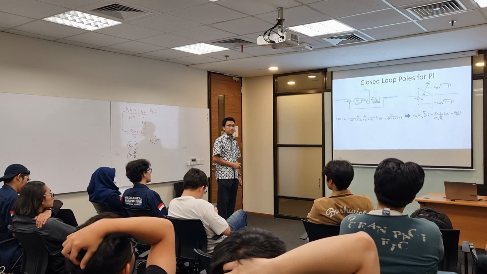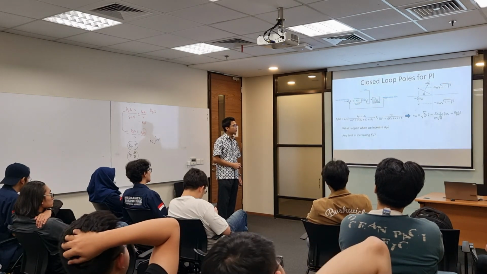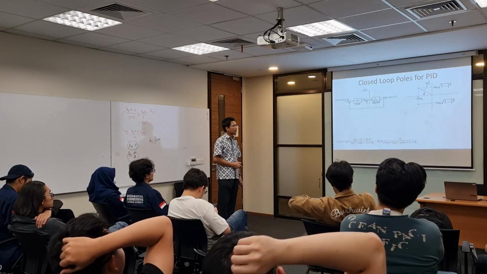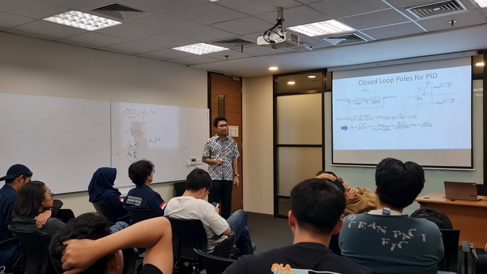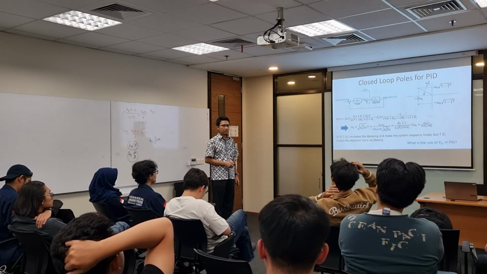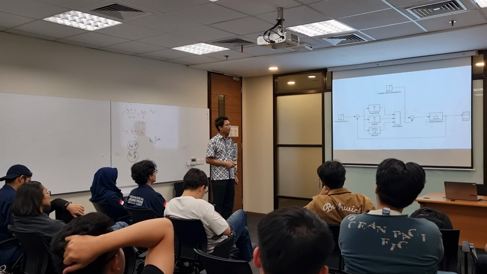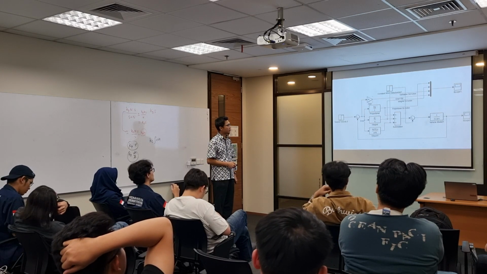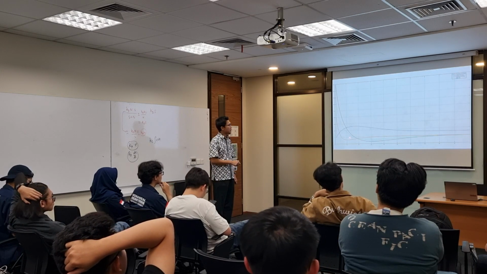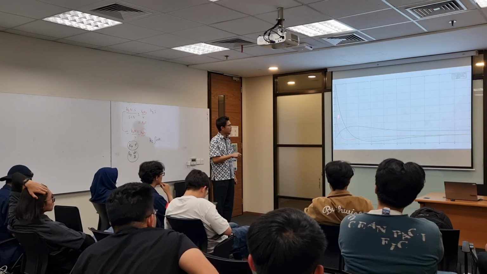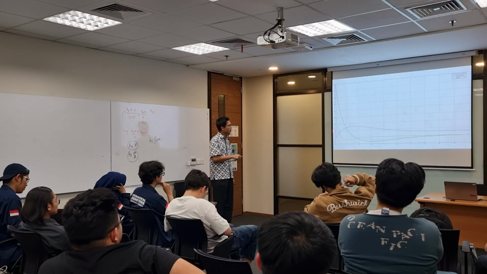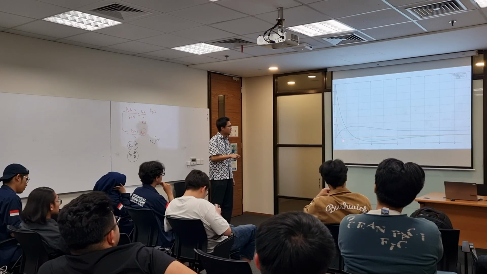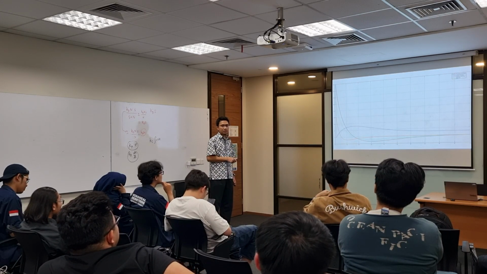So what is the role of the D? The role of the D is that when you have a sudden change of error, a large change of error, then the D is useful. Let's say only in the beginning, the derivative part helps to speed up your control action, but after that it doesn't do much.